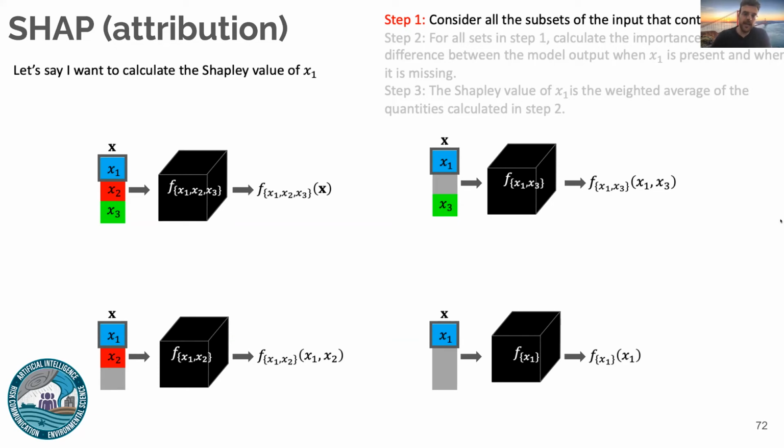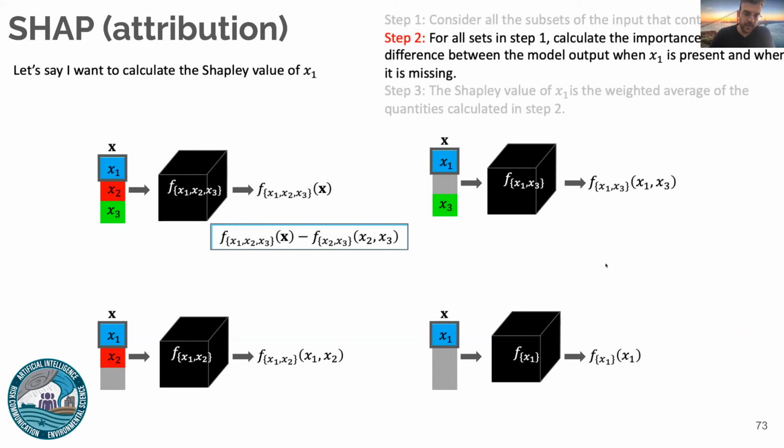Now, in the next slide, we have step number 2. In the second step, we calculate the importance of X1 for each and every combination that we considered in step 1. And how do we calculate that? We calculate the difference between the prediction when we consider the full model and the prediction when X1 is missing.